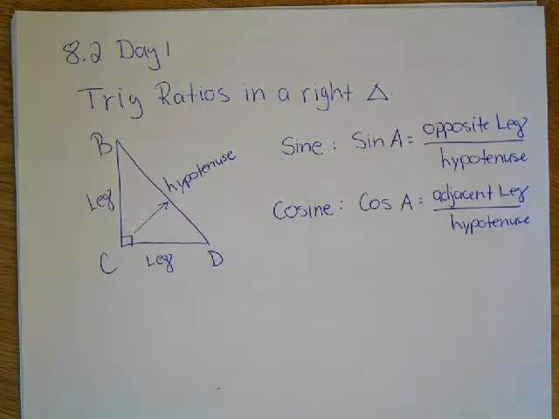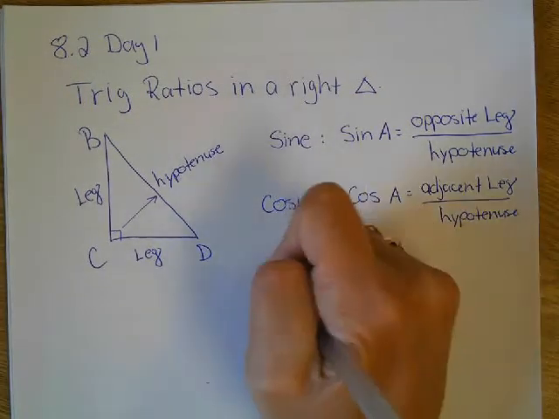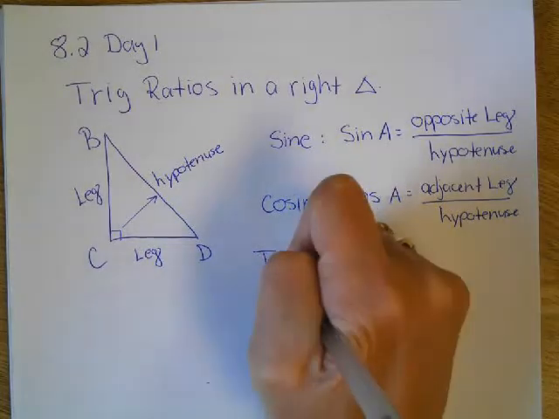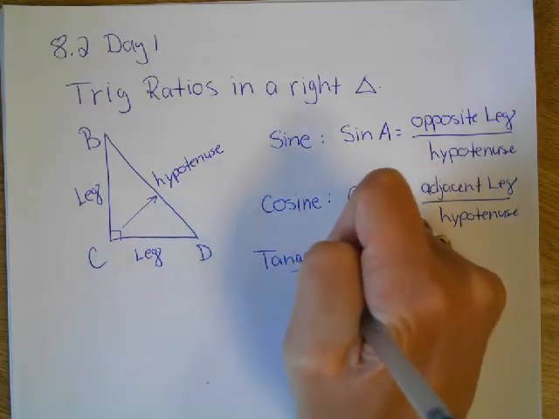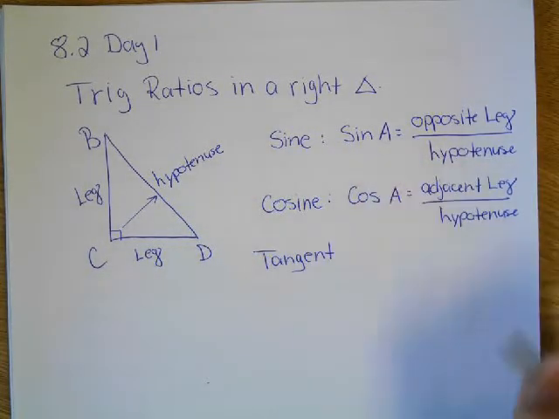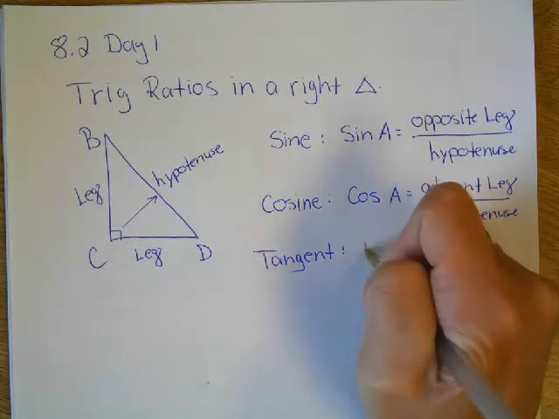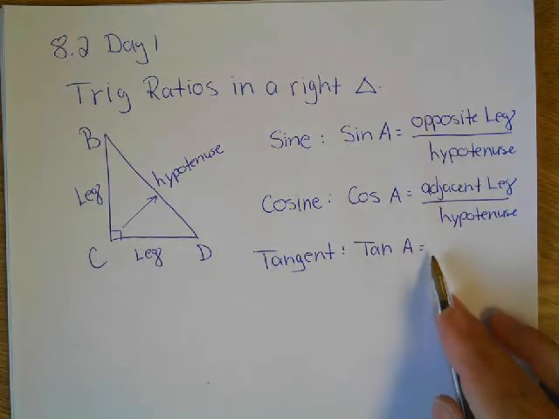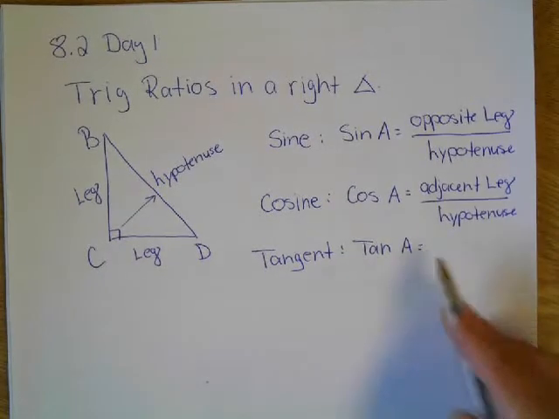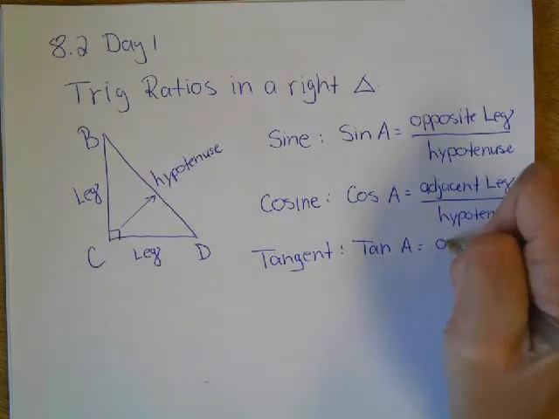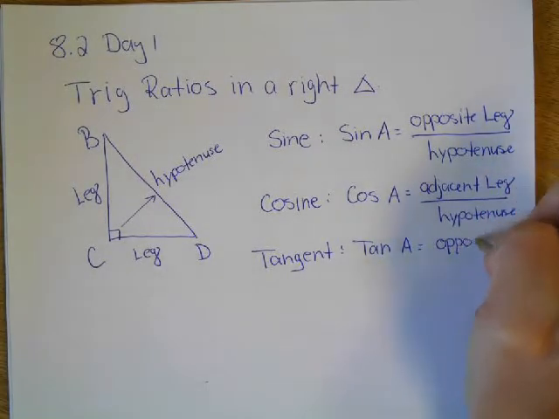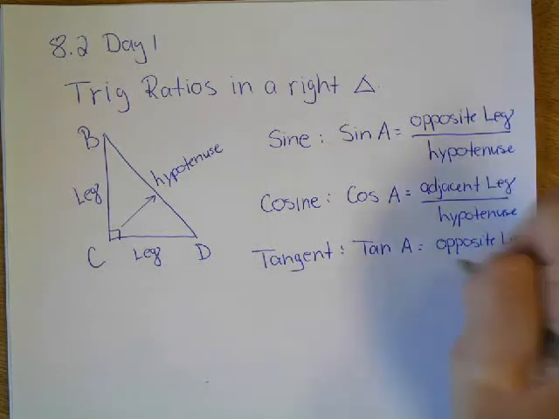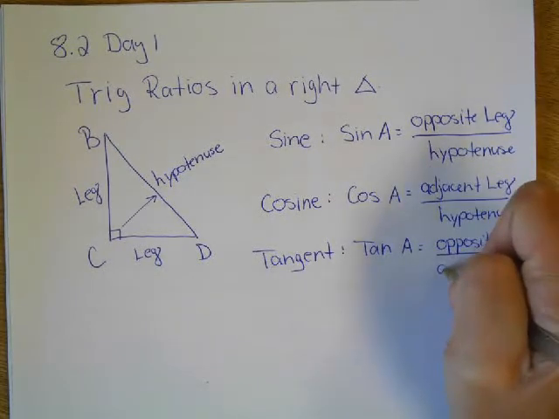And then our last trig function is tangent. And that is abbreviated tan. And again, we have to have a reference angle. Now, the two sides for tangent are the two legs, but it has to be the opposite leg over the adjacent leg.